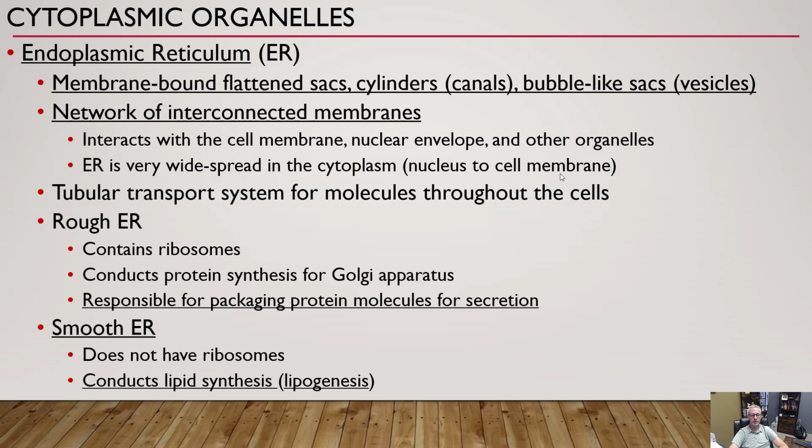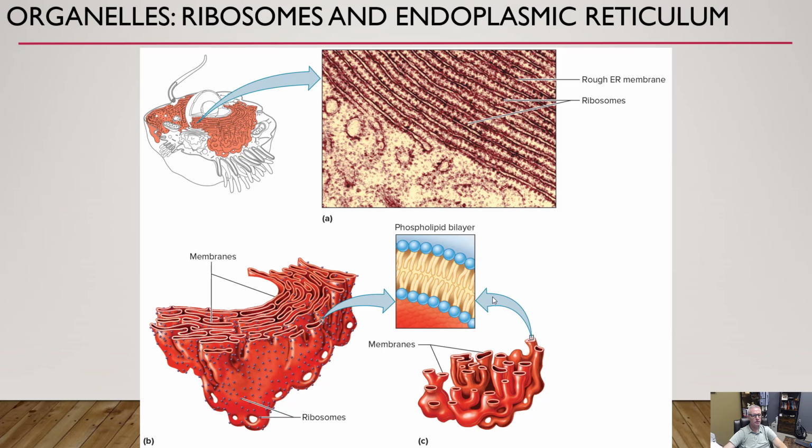So lipogenesis is basically converting excess dietary carbohydrates to fats. So if you eat too many carbs, you're going to get some belly fat. That's lipogenesis.